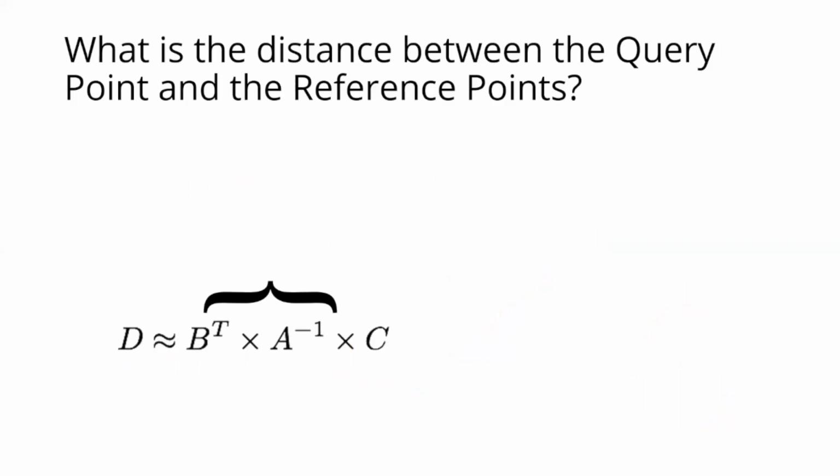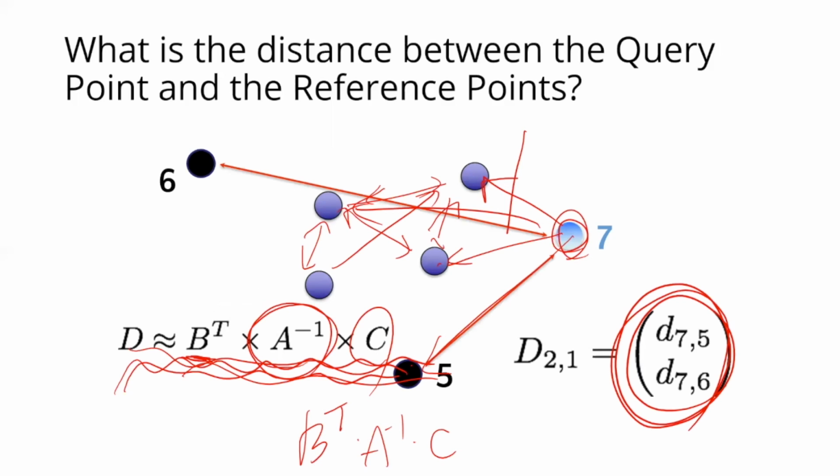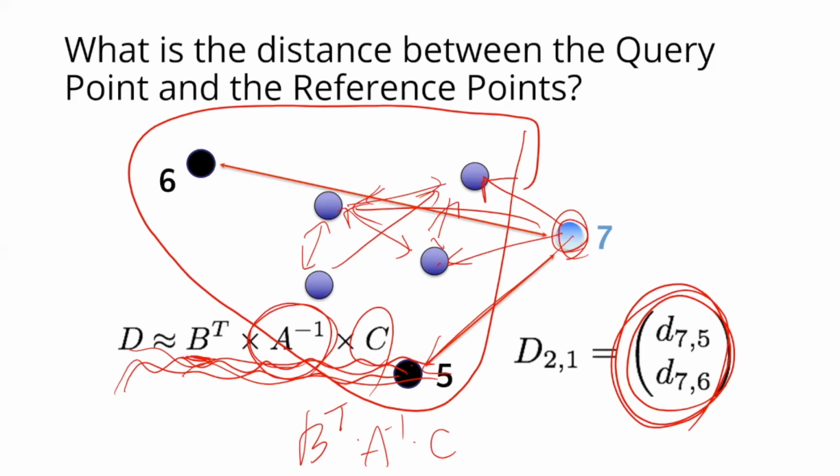This is pretty nice because A inverse can be computed before we see the queries. Let me go back one slide. These are the points that are in the database, and this is the point that is queried online.